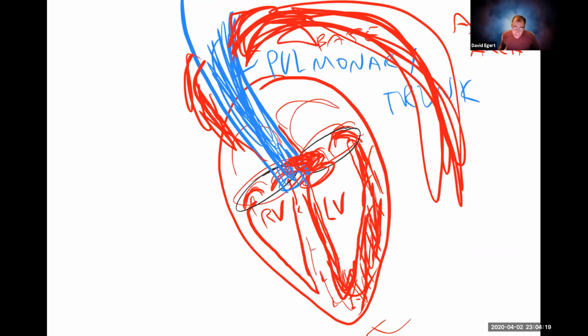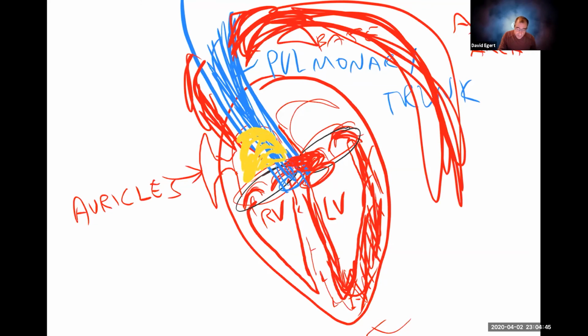Another thing is the atria have these little expansion things. They're called auricles. Auricle means ear, and they look kind of like ears. So maybe I'll use yellow here. Let's say this is my right atrium.